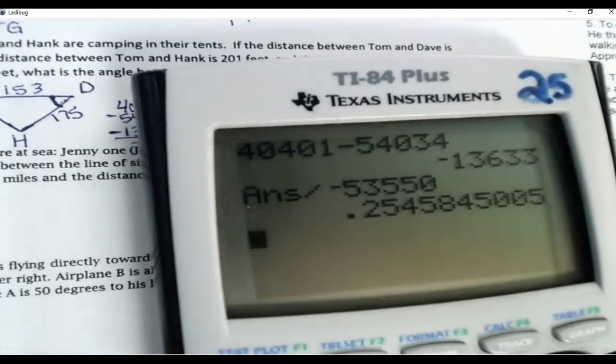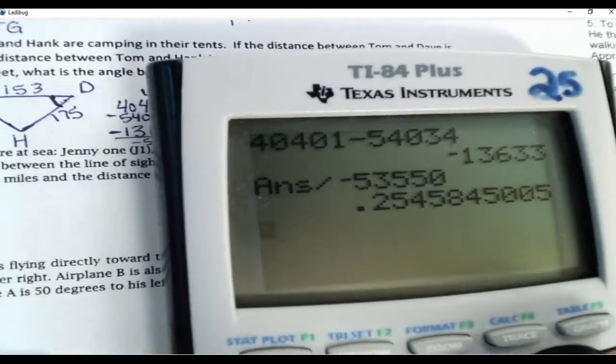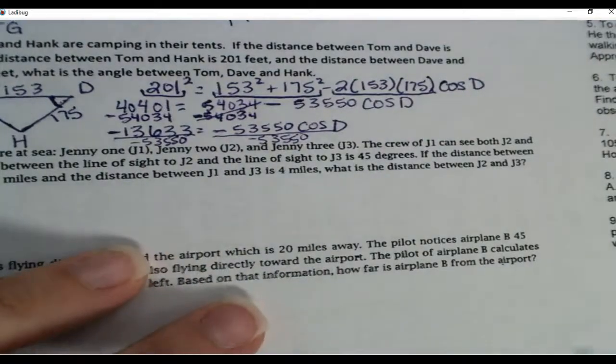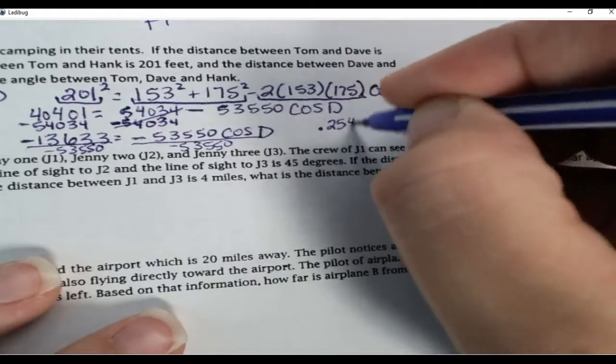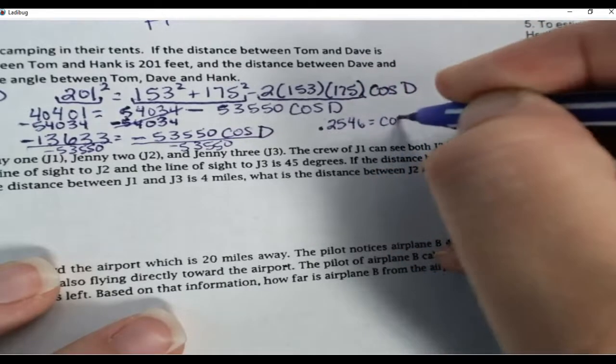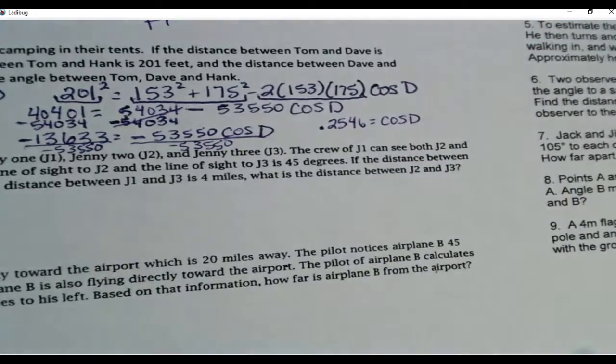So we get this decimal here. So 0.2546. And then anytime you're finding an angle, whether it's law of sines, law of cosines, right triangle trig, whatever, you always do the inverse.